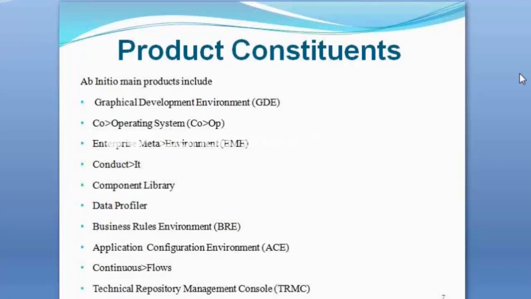We develop plans inside Conduct IT that can run many graphs as well as third-party programs and user-defined scripts. So we can run Unix scripts, graphs and other plans inside a plan. We use Conduct IT for large data processing applications like running 50 graphs one by one.